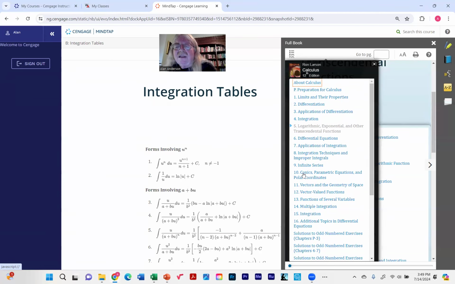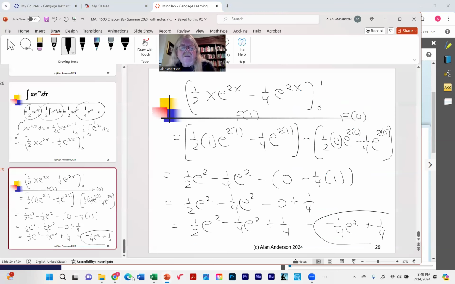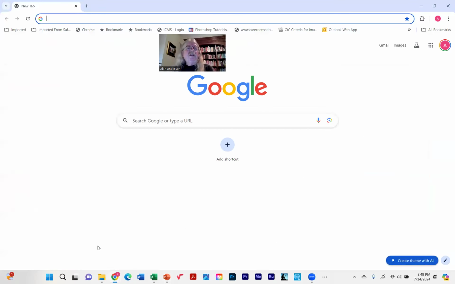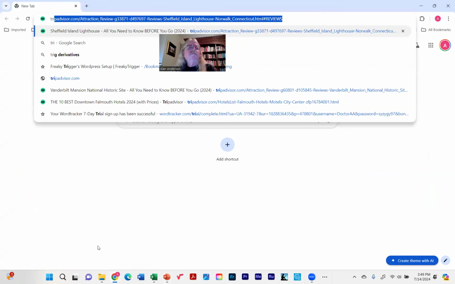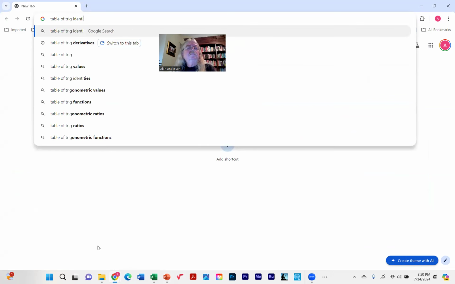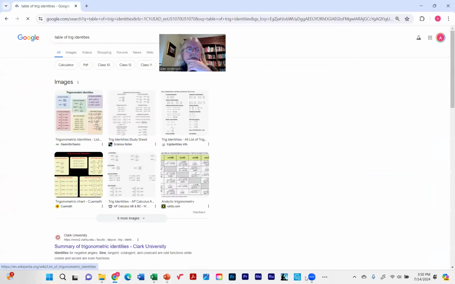I'm a little surprised to see that. Maybe they sneaked it into the different chapters. But if you go to the internet, I'm sure you could find a table. If you just type trig identities, there's got to be one out there somewhere.